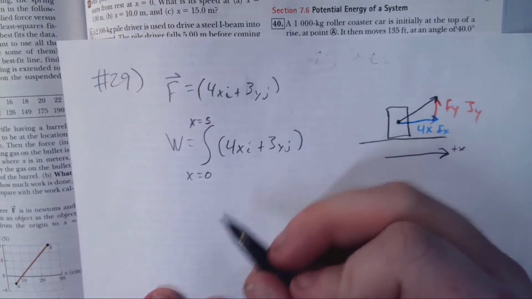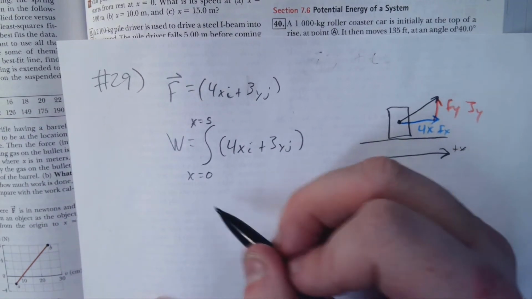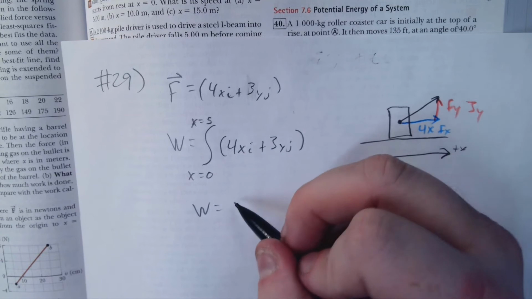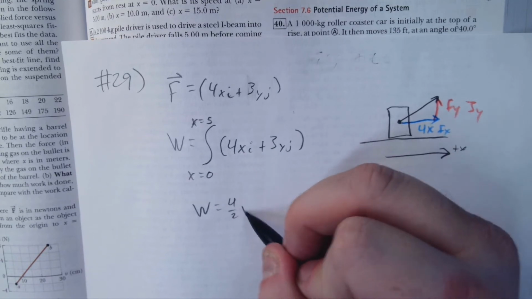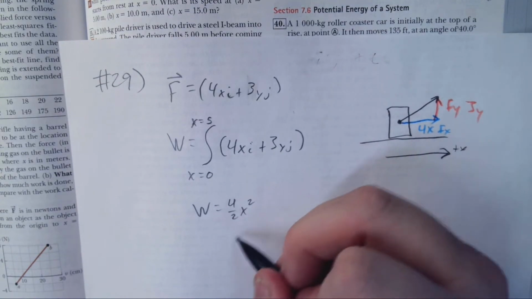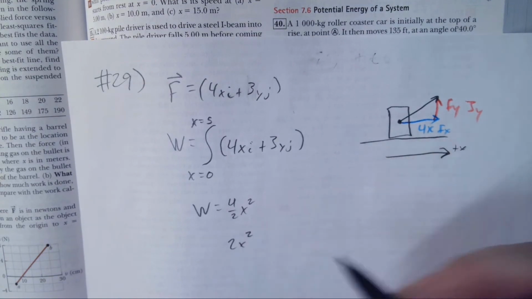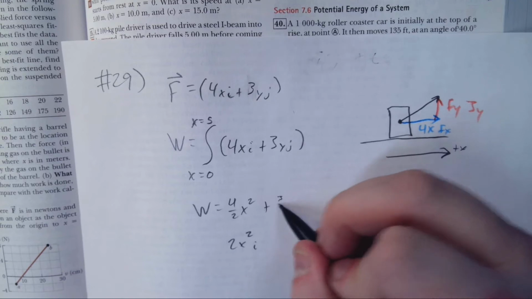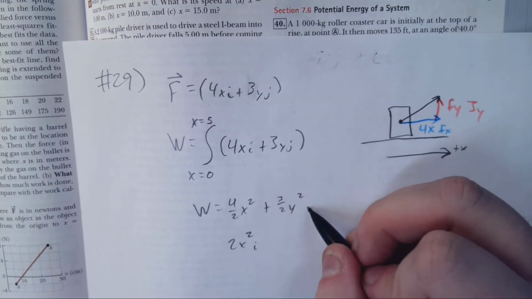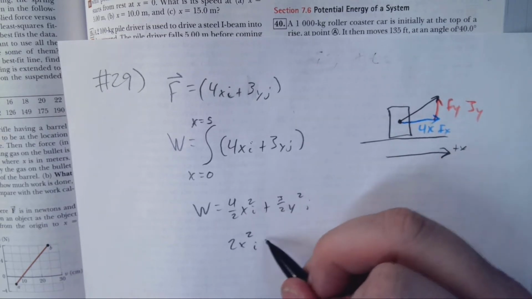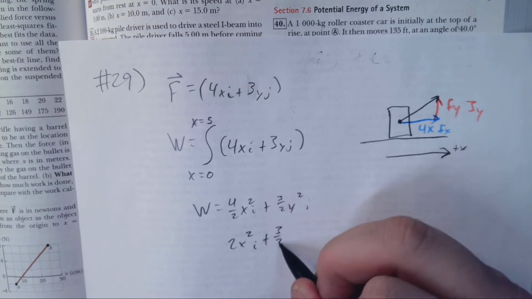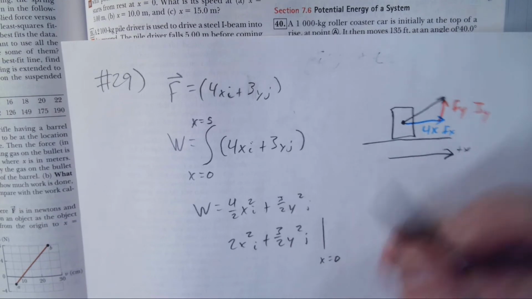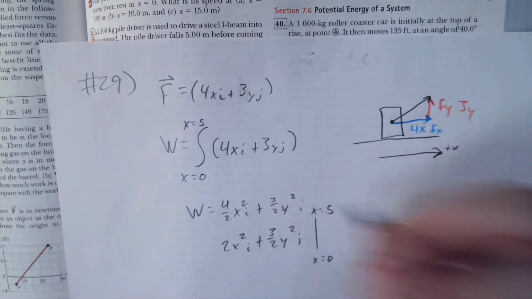So let's go ahead and do the integral. The work is equal to 4x integrates to 4 over 2 x squared, or 2x squared, i, plus 3/2 y squared, j, from x equals 0 to x equals 5.